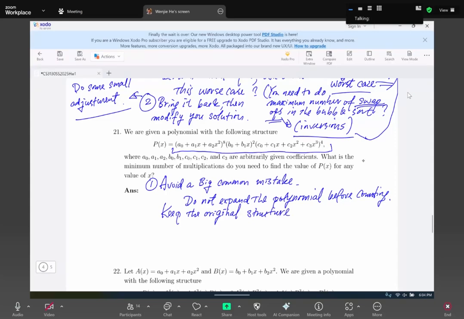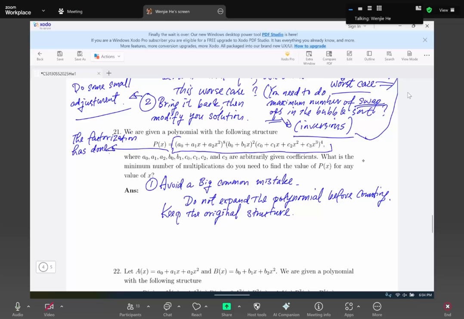Because the original structure already is the factorization. Remember, the more factorization we make, the fewer multiplications the factorization has done. All right?